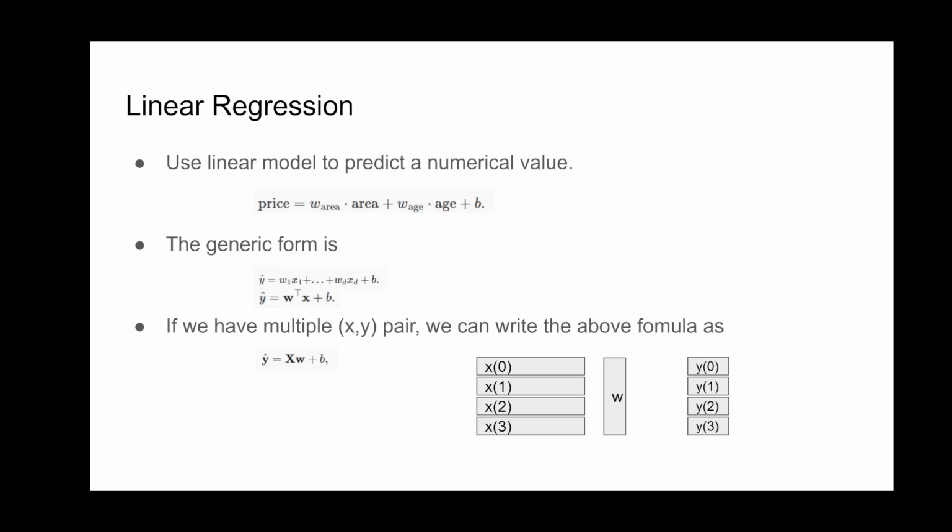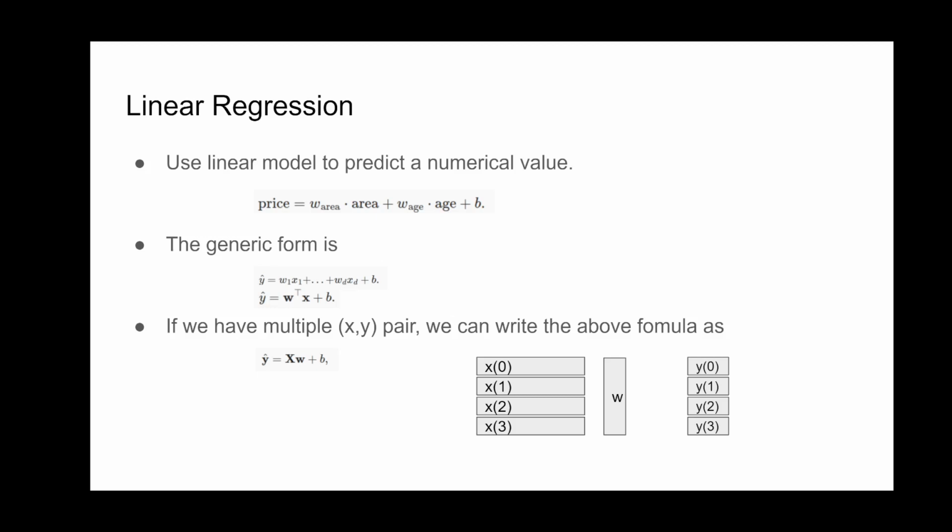Linear regression is the simplest model, and it uses a linear function to make the prediction. For example, in a house price prediction model, we use the area of the house and the age of the house to predict the price of the house.